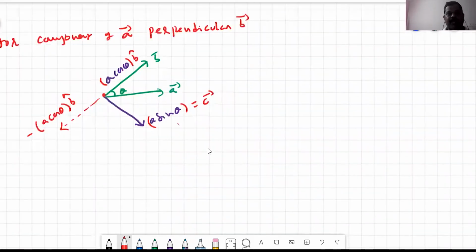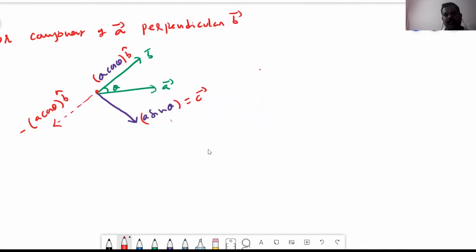So simply I can write C bar is equal to A bar minus A cos theta into B cap. So therefore, C bar is equal to A bar minus, what is A cos theta again?